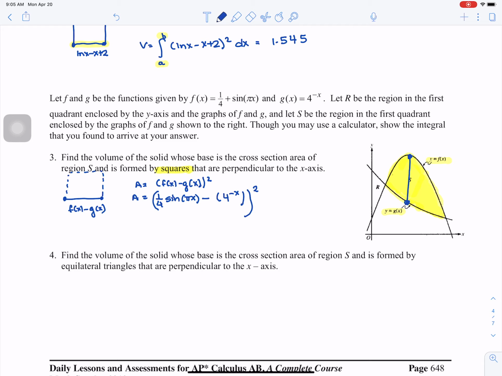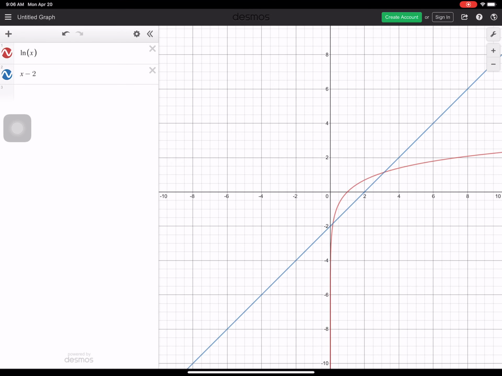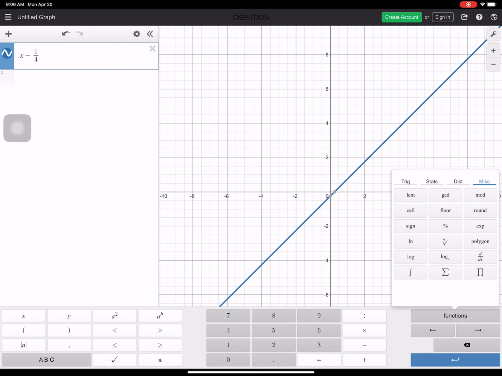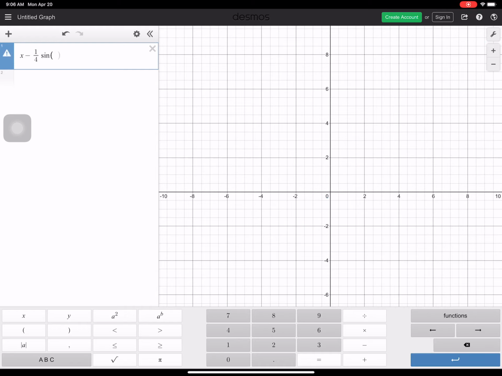So my volume would be, again, we would be interested in finding this intersecting point A to B. So I take the intersection between the two functions: 1/4 plus sine pi x, make it equal to 4 to the minus x. So again, if we're on Desmos, we have 1/4 sine pi x.